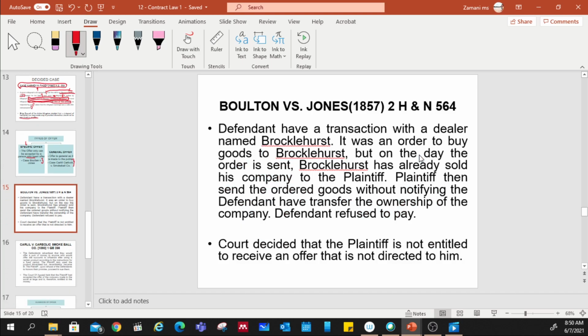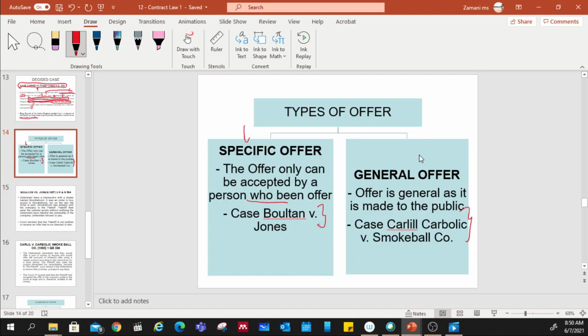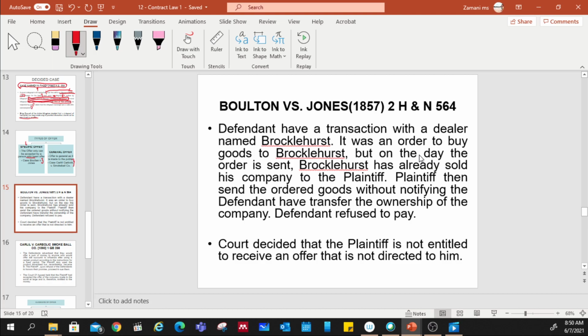This is the first one, Boulton versus Jones. This is a case related to a company which has been transferred.